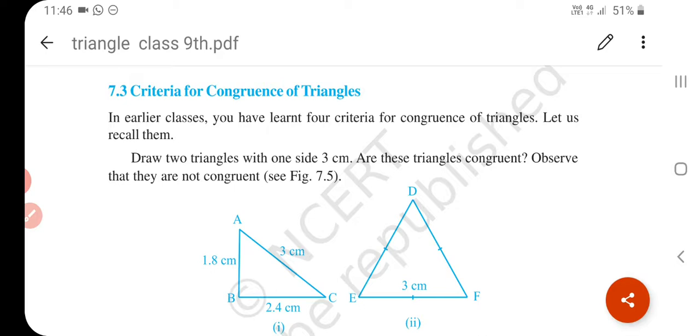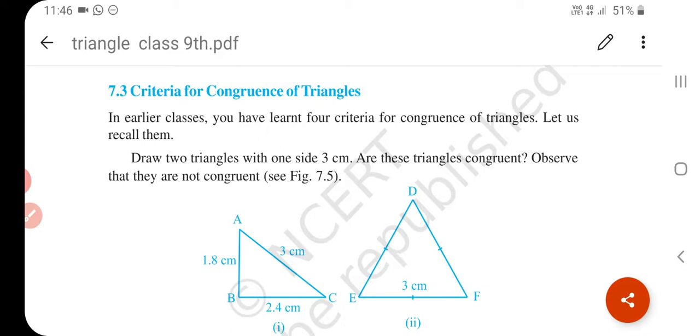You can learn this in 7th and 8th standard. So now we can see what these criteria are. There are 4 criteria for congruence of triangles, of which 2 criteria we will explain.